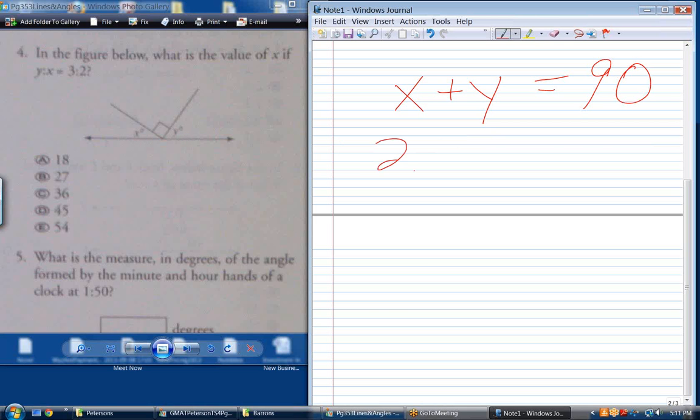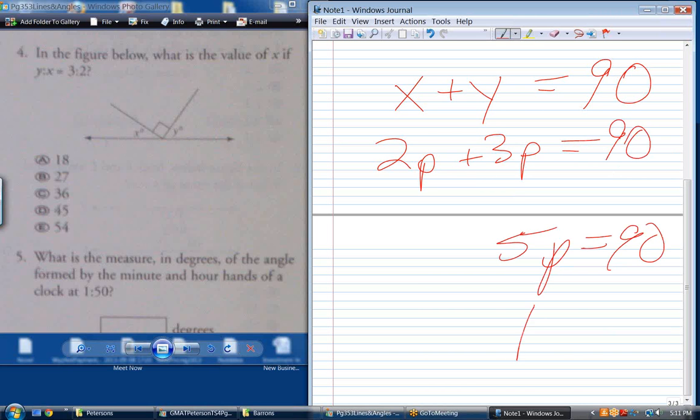So 2p plus 3p equals 90, 5p equals 90, p equals 18, but since x is 2p, x has to be 36. Yes. Because if x is 36 and y is 54, to make 90, right. And that's a 3 to 2 relationship.